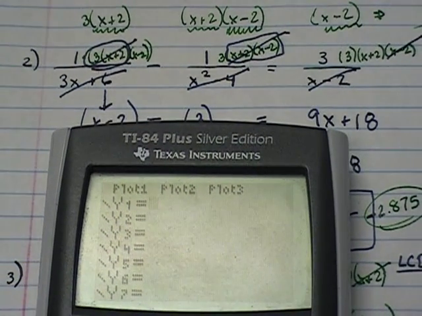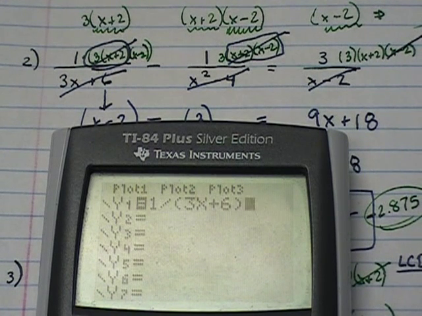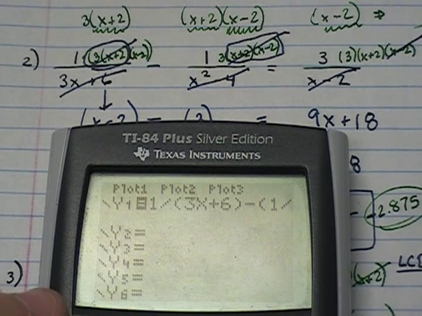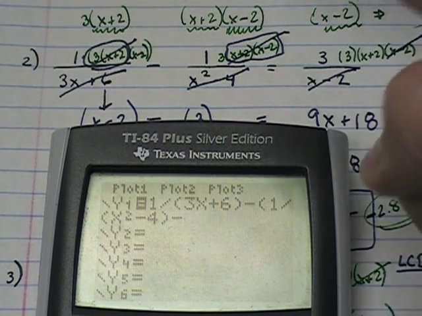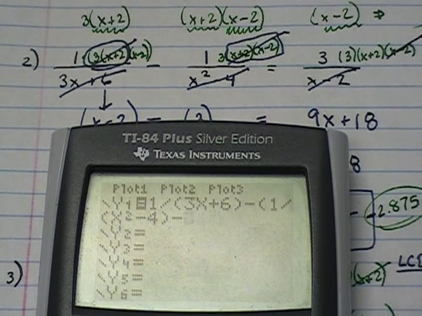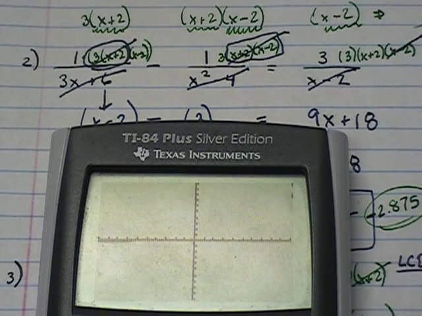It's going to be 1 divided by 3x plus 6 minus 1 over x squared minus 4 minus, because I'm going to move this to the left-hand side, 3 over x minus 2. And I'm going to graph this.